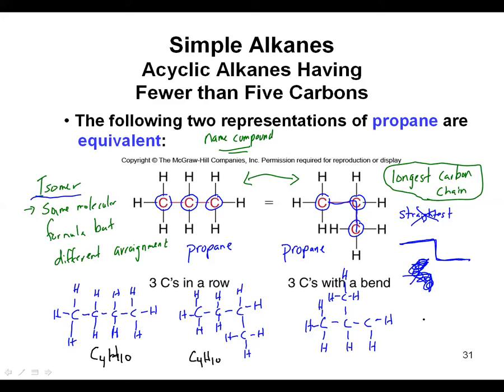This guy has 4 carbons and also has 10 hydrogens. Right? 1, 2, 3, 4, 5, 6, 7, 8, 9, and I missed one there when I was drawing it. Let's put in the 10. There you go. Now, they all have 4 carbons and 10 hydrogens.